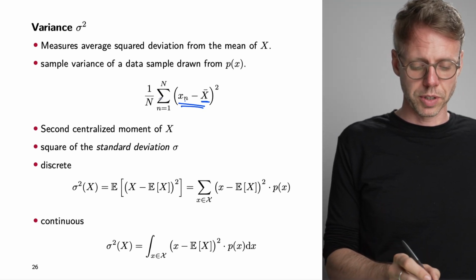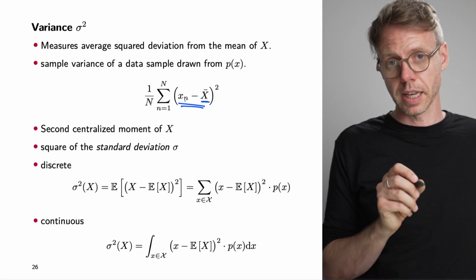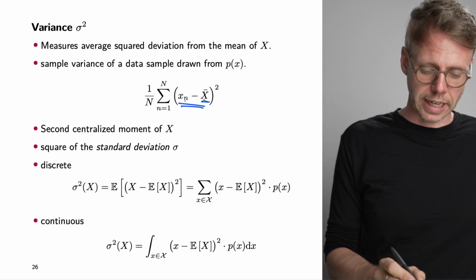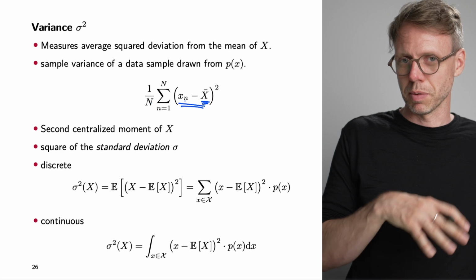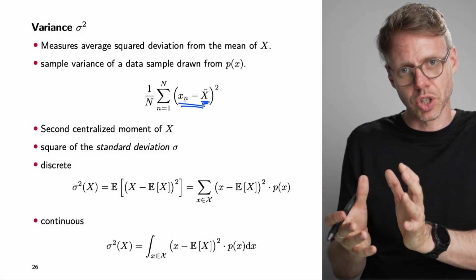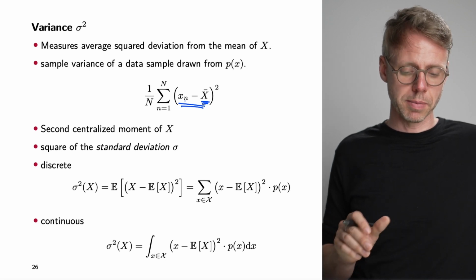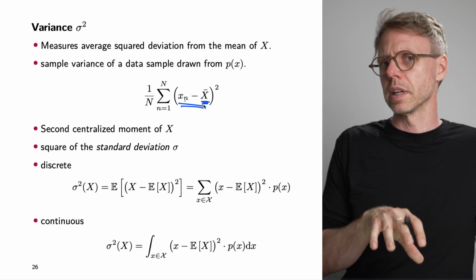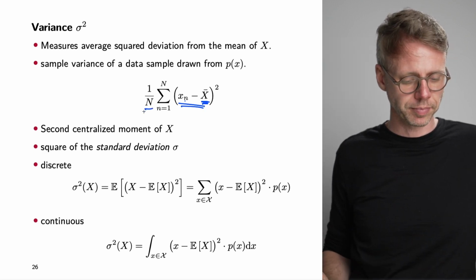We said there's also a second estimate, which is given by 1 divided by n minus 1, so it's slightly modified to account for the fact that we already used the data to compute the mean. So we plug an estimate into an estimate, which creates some downward bias of the estimate of the variance. So these estimates of the variance will be slightly too small, which only matters for small n's, of course.